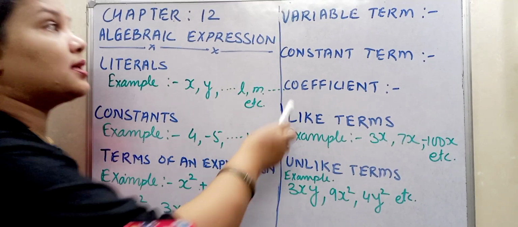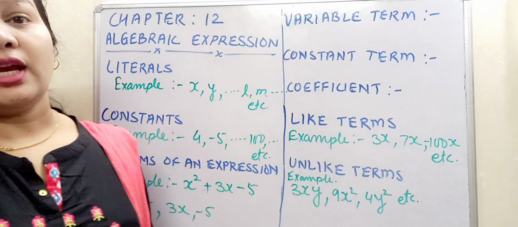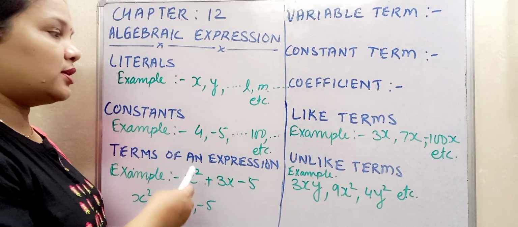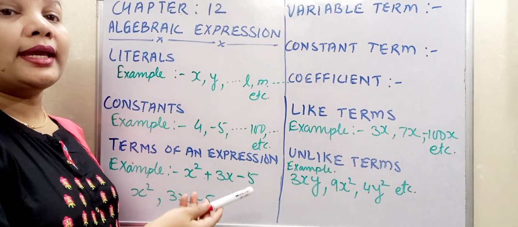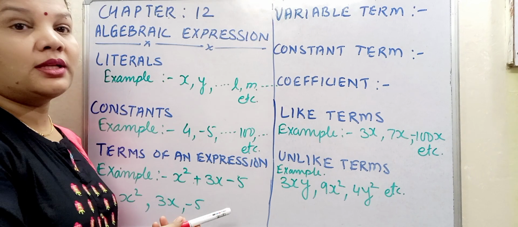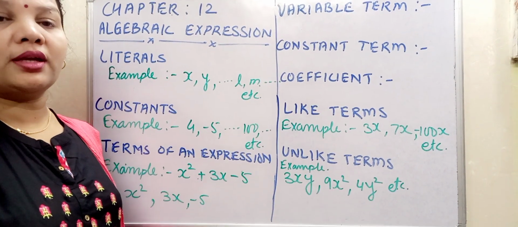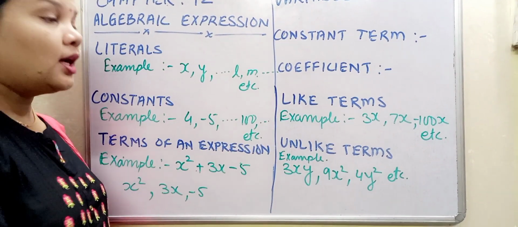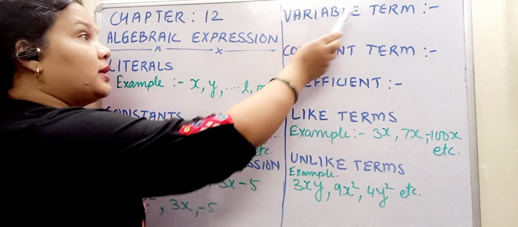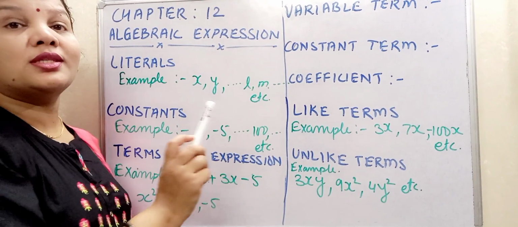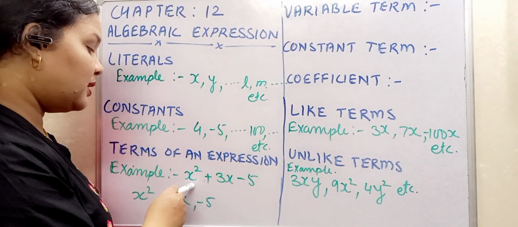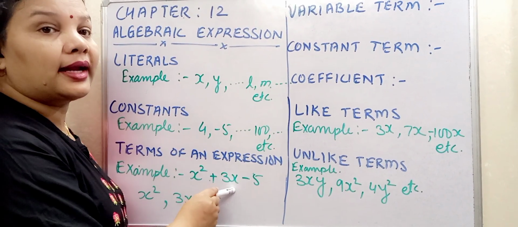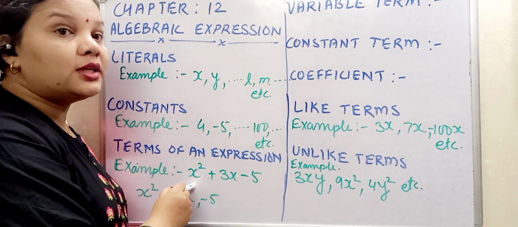Okay, now next is our variable term. Variable terms are those terms which include variables. Variables means x, y, z, those literal quantities. So variable terms are those terms which include a variable part. It means that x square and 3x are the variable terms.